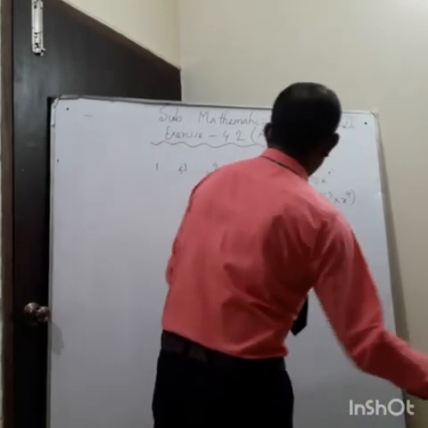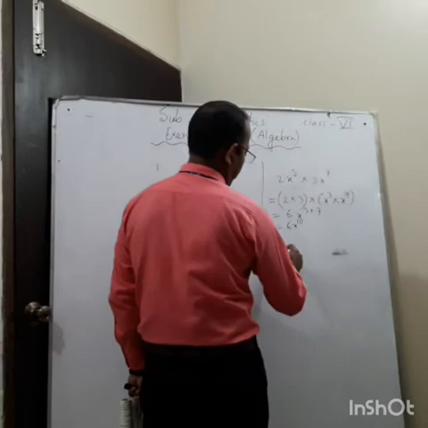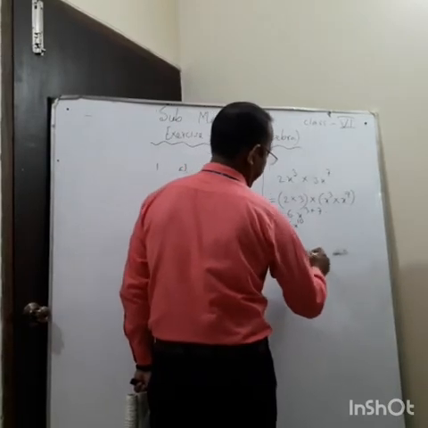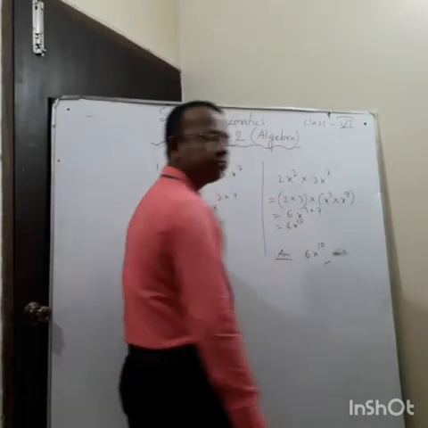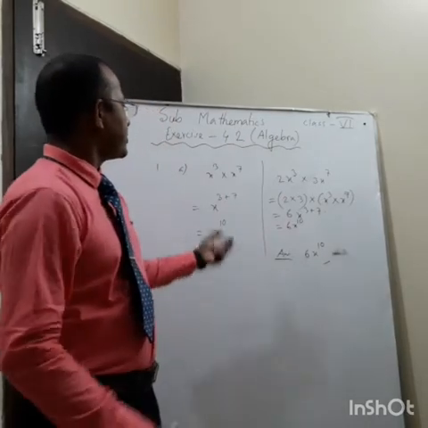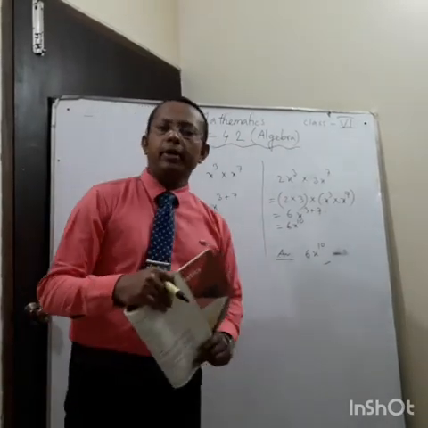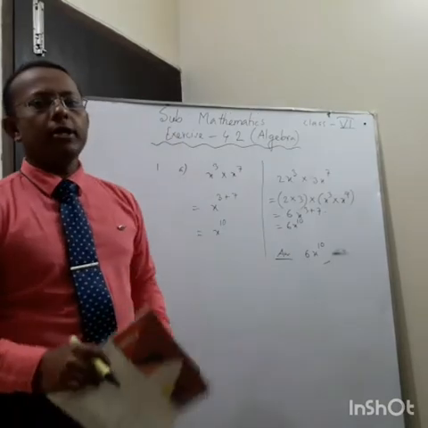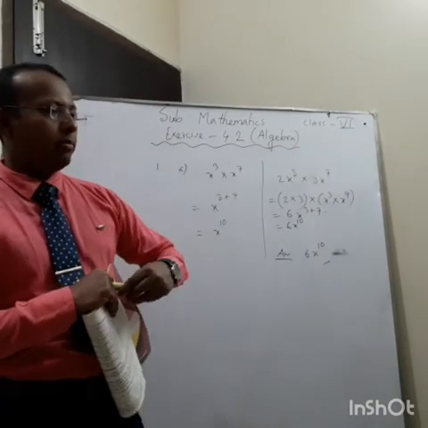Finally, the required product is 6 x to the power 10. So this is the procedure of multiplication by using the multiplication rule of indices.